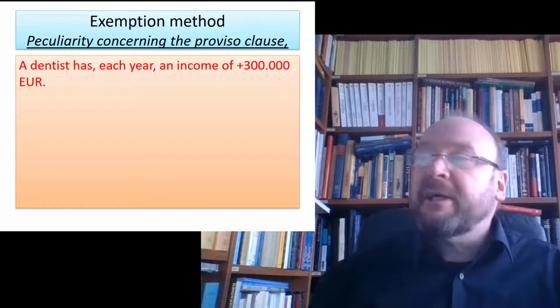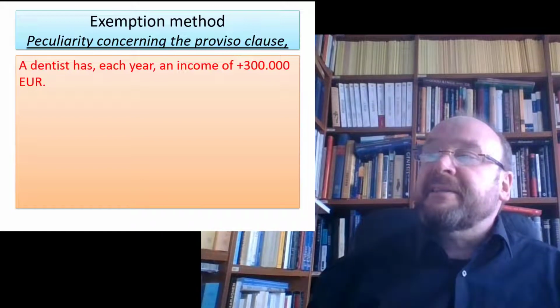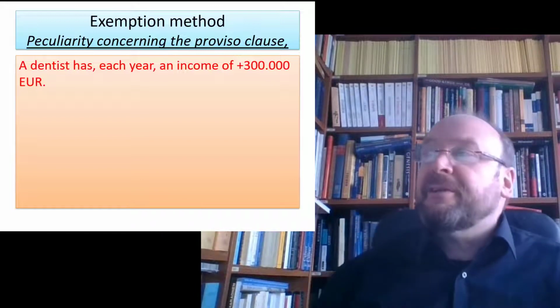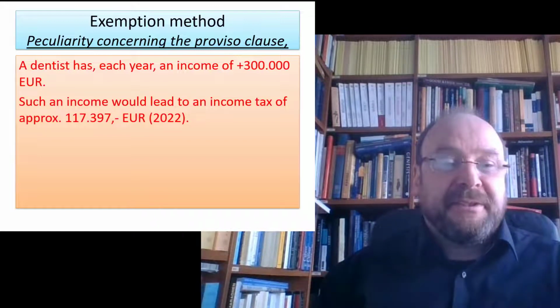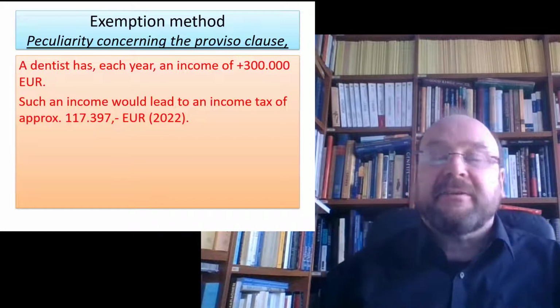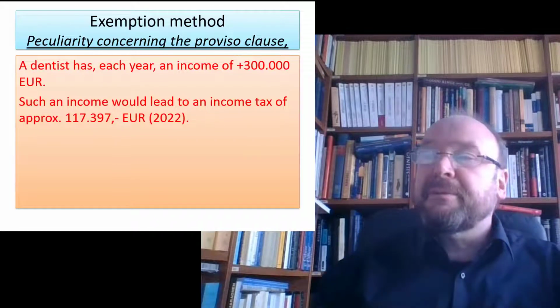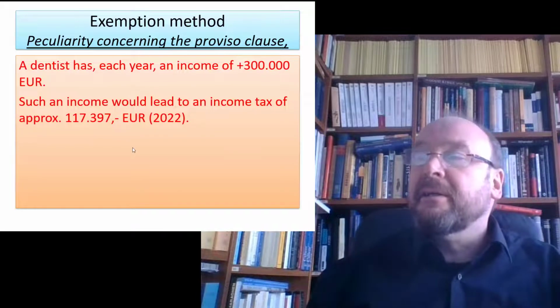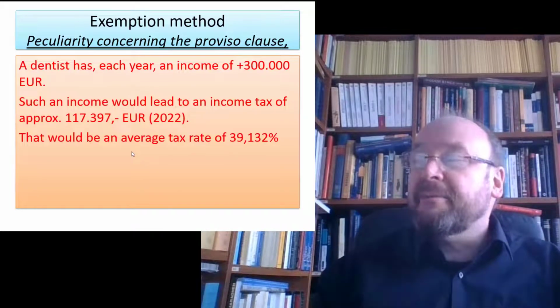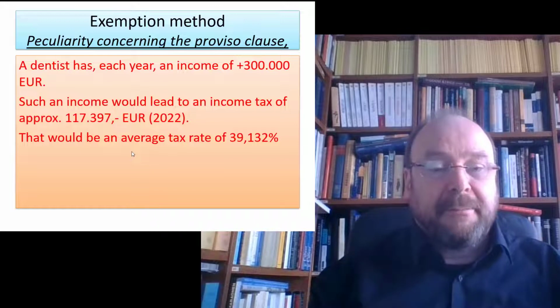These people are rather wealthy. And that dentist has, in my imagination, each year an income of 300,000 per year. So if the dentist only has that income, then the total income tax would be 170,000 and some euros. That is approximately 39%.